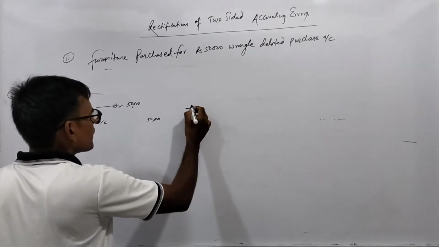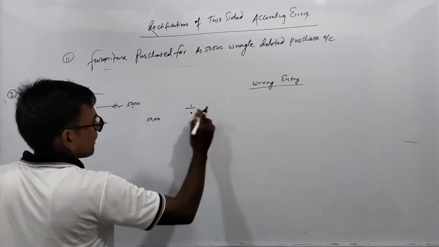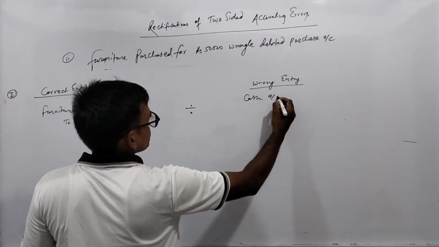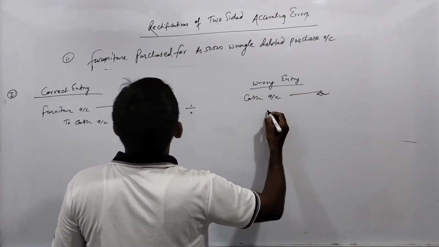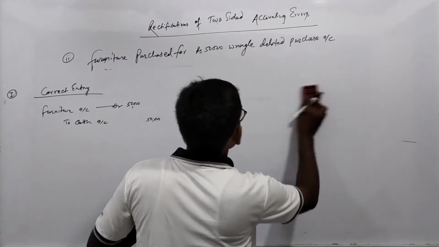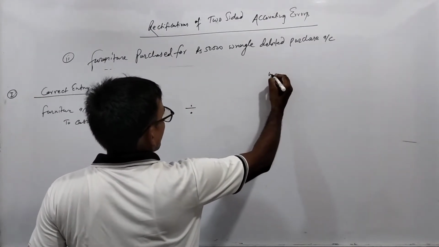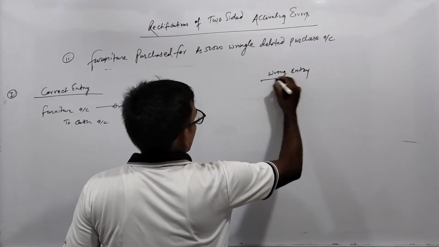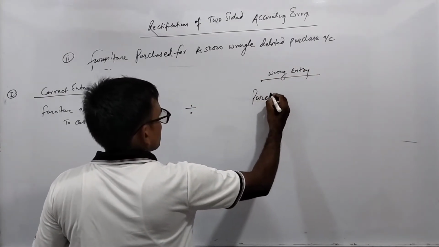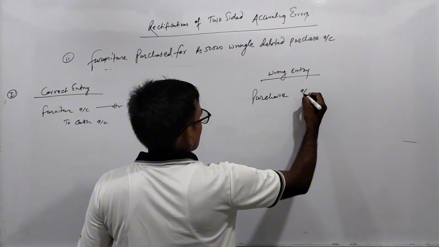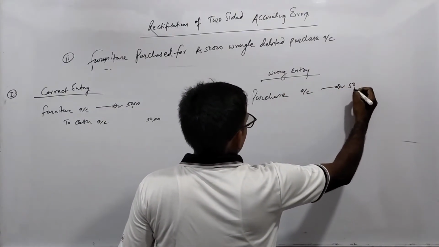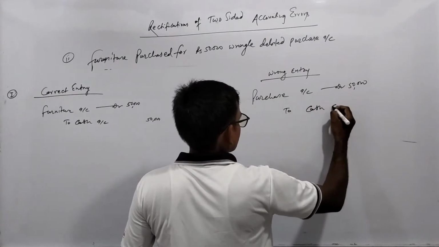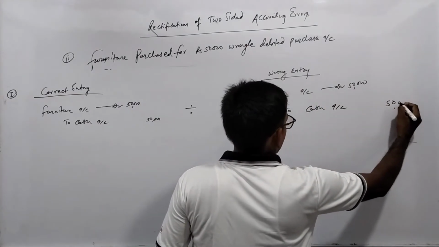And divide it by the wrong entry. The wrong entry is purchase account DR 50,000 to cash account. This is the wrong entry.